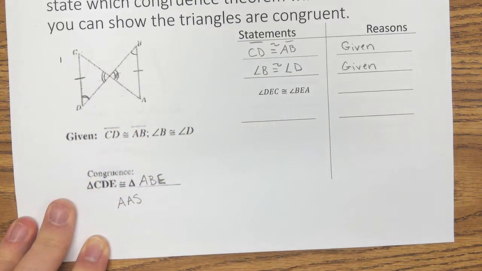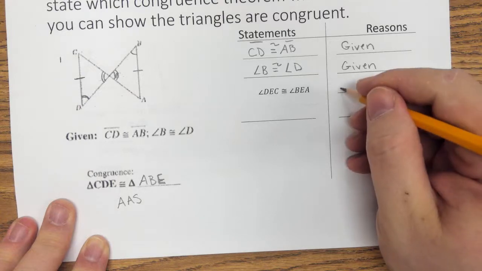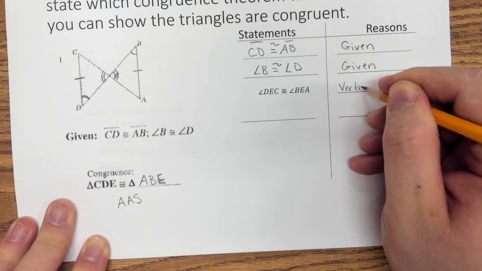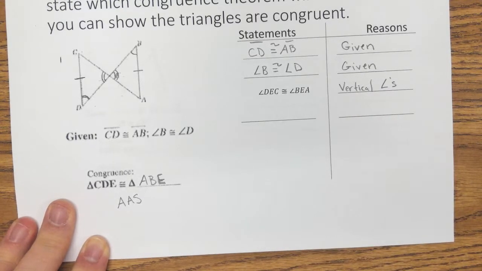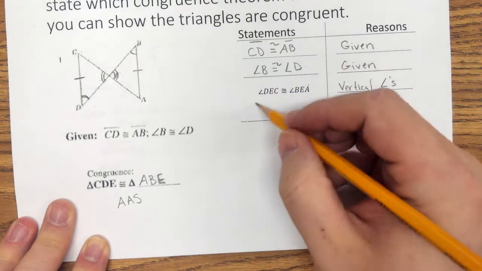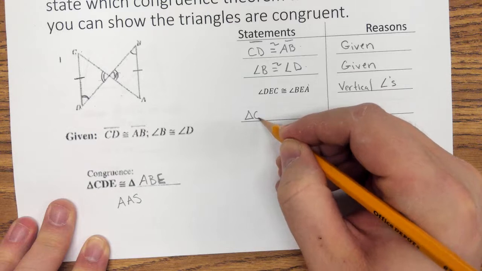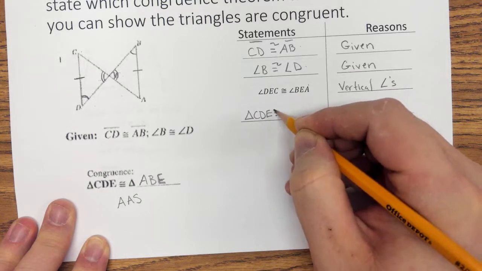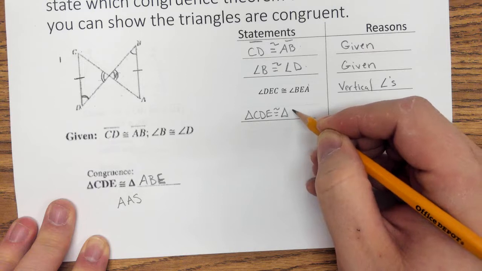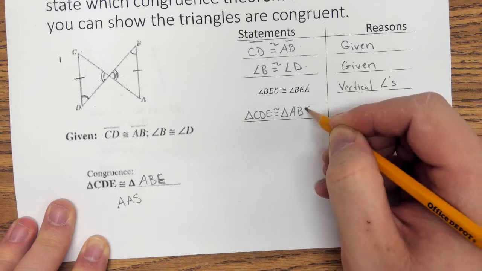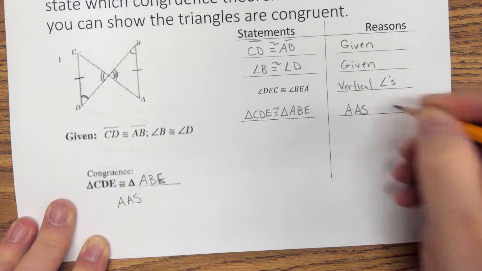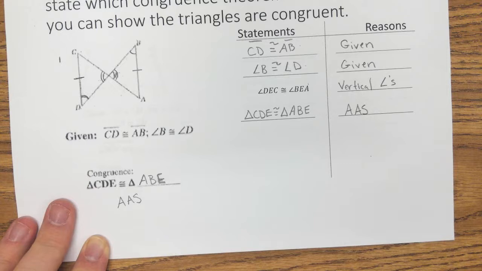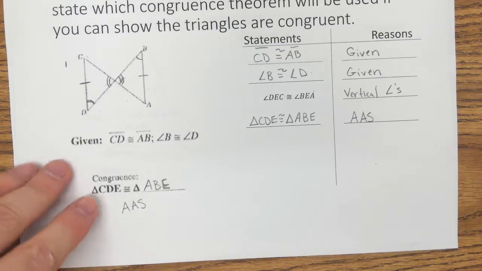Why are they congruent? That's right, they're vertical angles. Okay. So now I've got my angle, angle, side. That means I can just write my congruence statement. Triangle CDE is congruent to triangle ABE by angle, angle, side. That's the idea. Let's do another one.